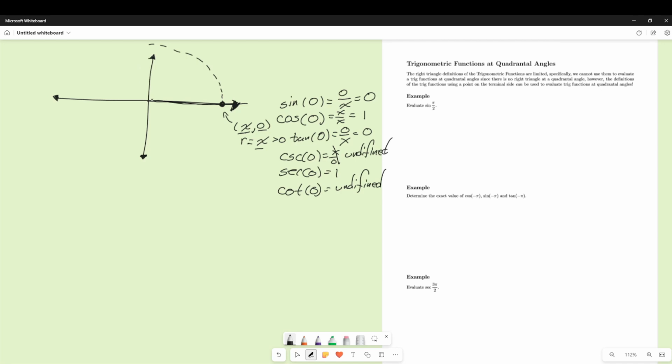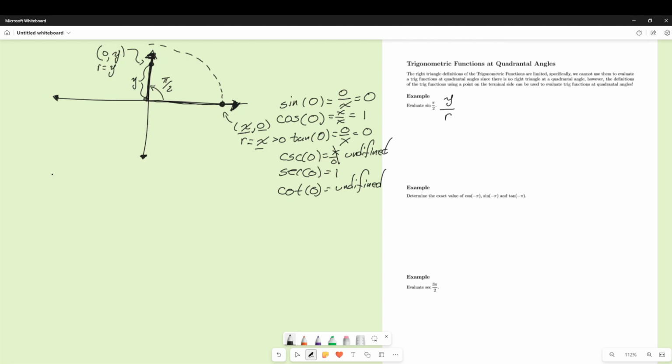At pi over 2, the sine would still be the y value over the radius value. And what would the y value and the radius value be? Well, for any point on here, your x value is going to be 0 because there's no right and left, and the radius is going to be that y value.